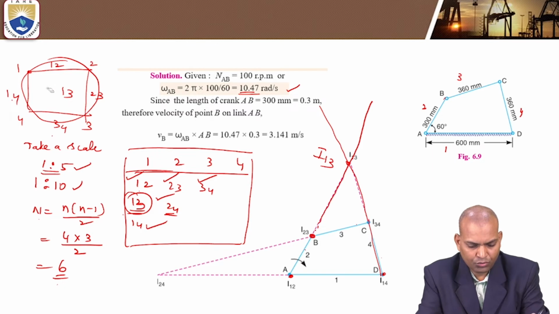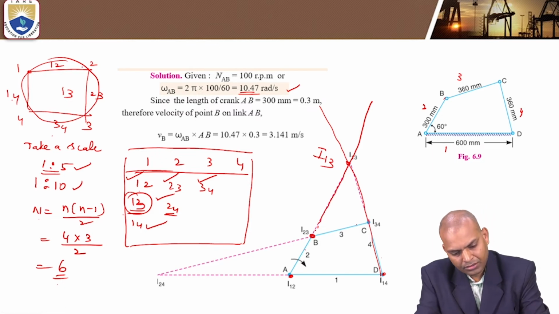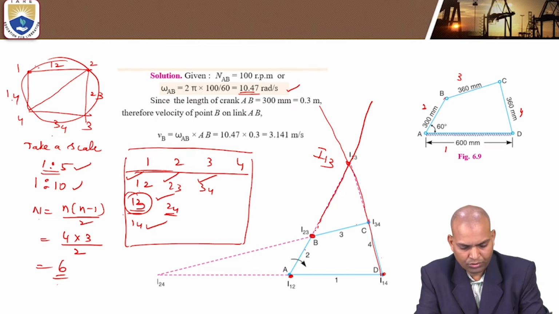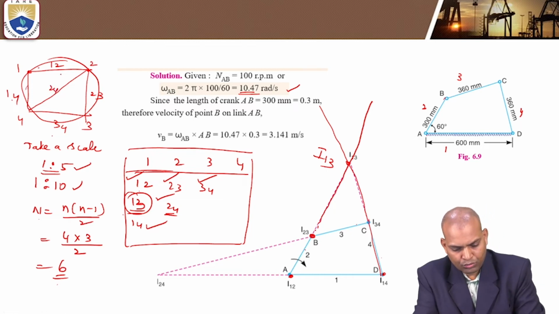Next, after that what to do? We need 2 4. This I center 2 4 is the intersection of two straight lines of I centers: 1 2 and 1 4. Where is 1 2? This is 1 2 and it is 1 4.